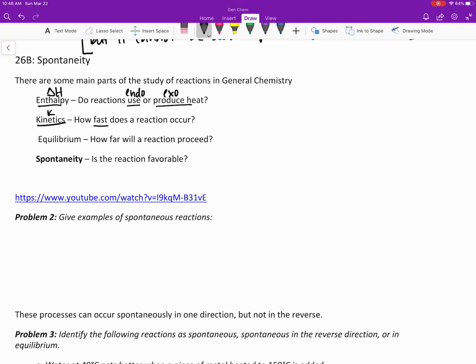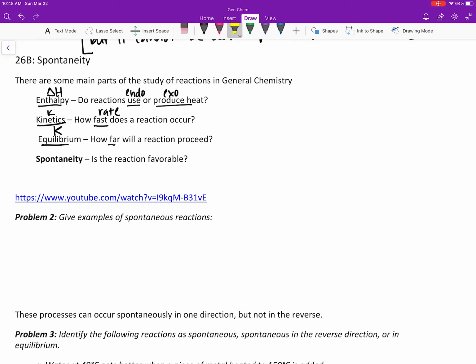This was our rate. Then we did equilibrium for a long time, capital K: how far will a reaction proceed? Will it proceed all the way to produce products, or very little products? How does it relate to Q? This is what we've spent a lot of time on this semester.